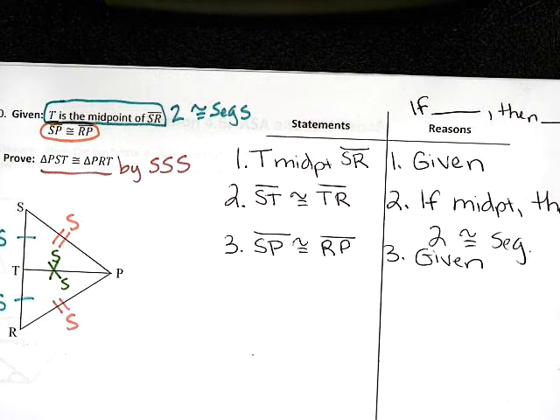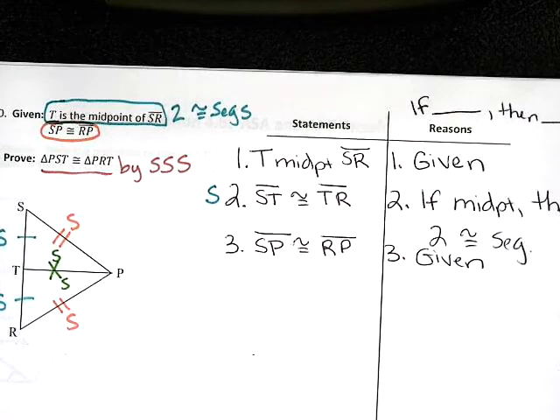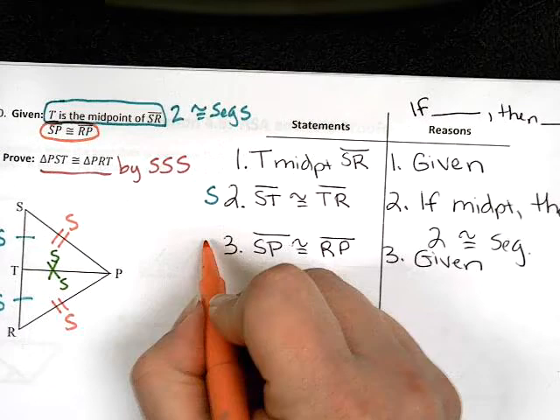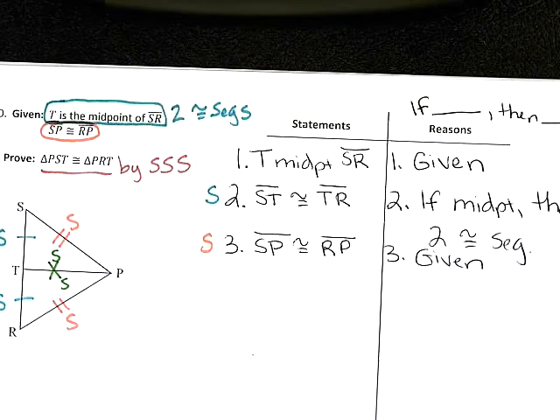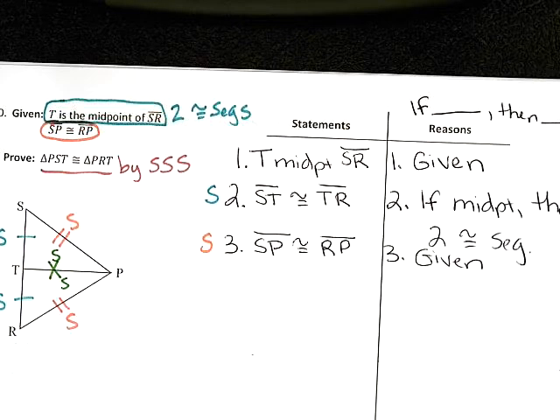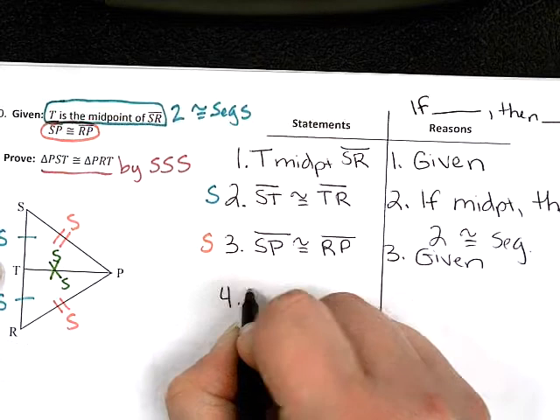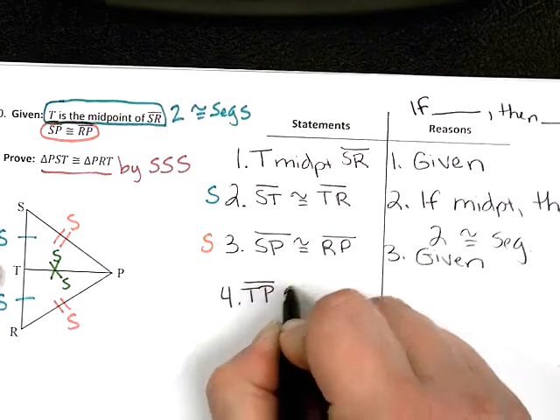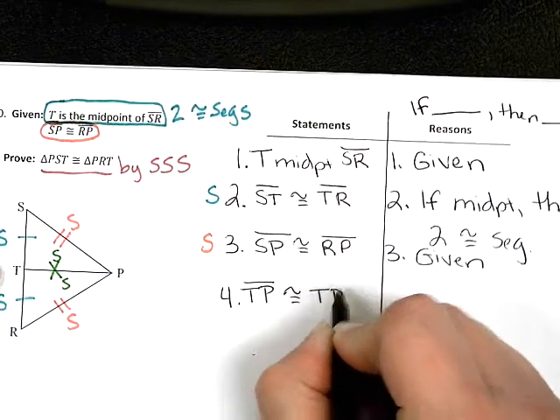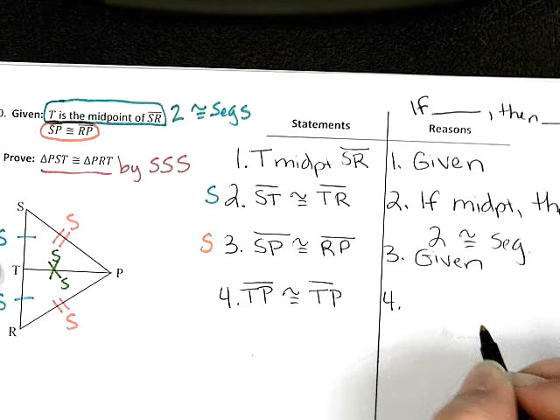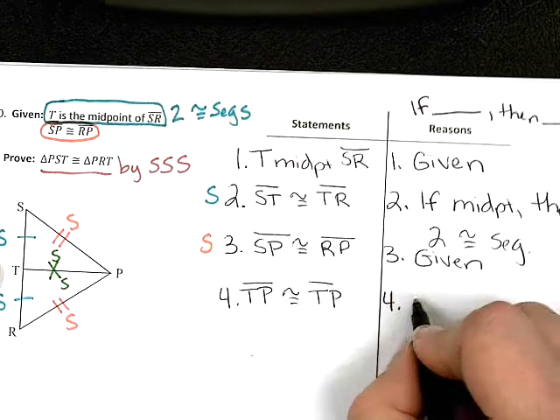That's my blue sides, that's right here. And then it was my orange sides. Well, we also marked the green ones, right? So we need to say then that those segments are congruent. So TP is congruent to TP. And why were we able to say that? Well, we were able to say that because of reflexive property.